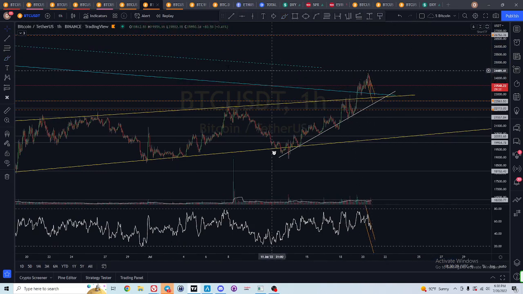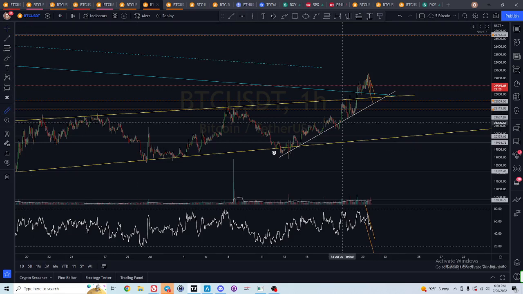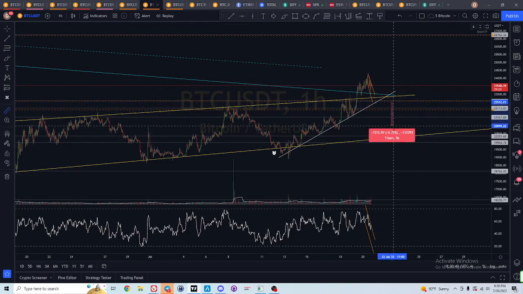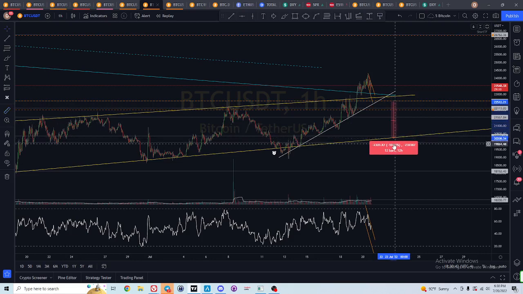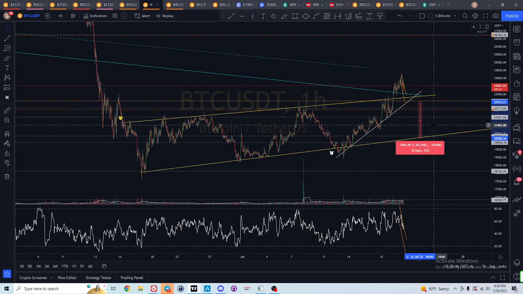Which is why I really like this idea, because I'm essentially saying that if this breaks back in, I know for sure I am good at least to this bear flag, probably more, which tells me that I'm in for 30%. Yeah. And that's pretty sweet, easy money.